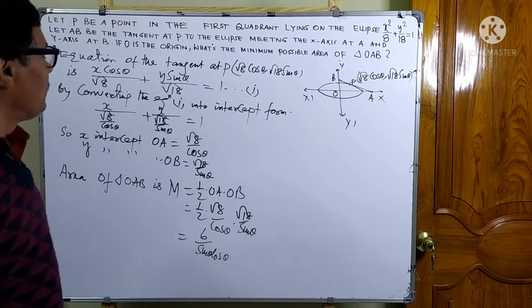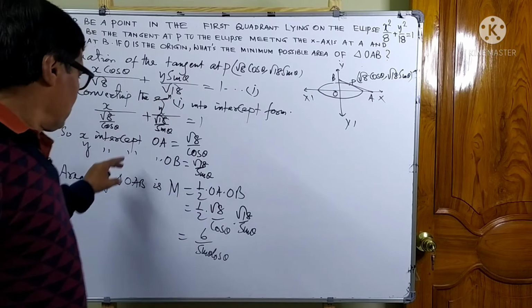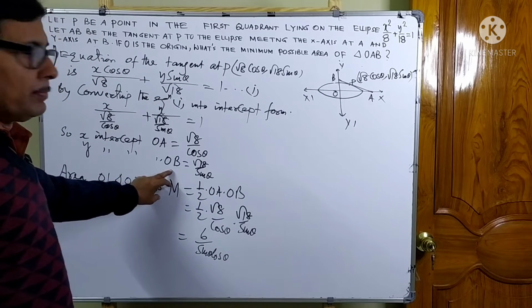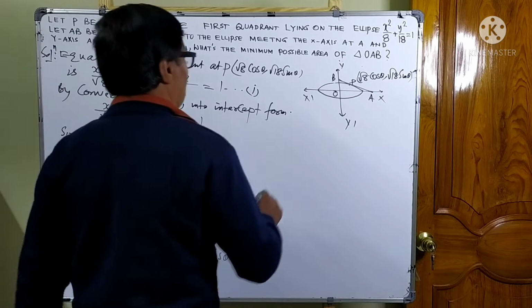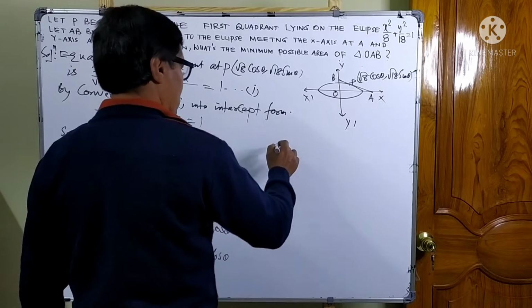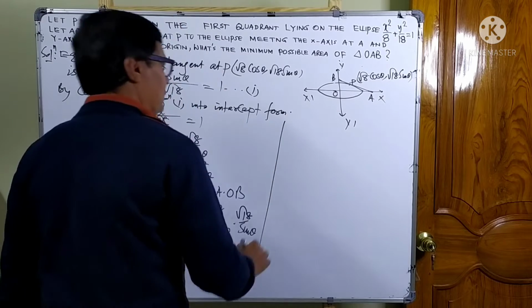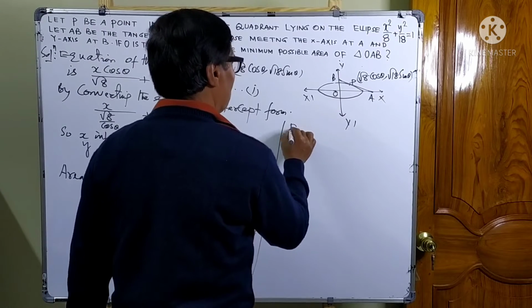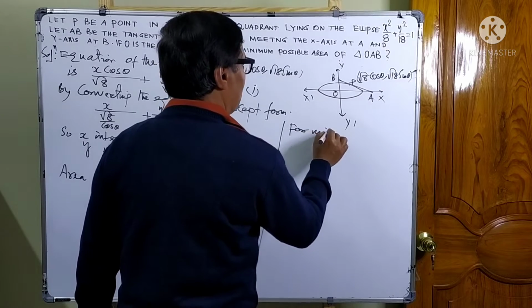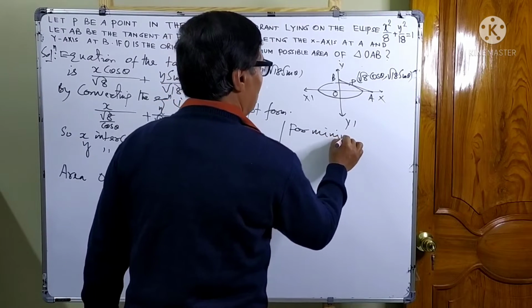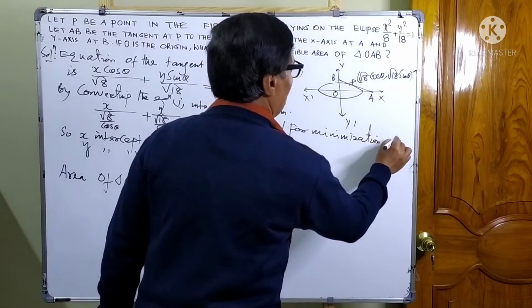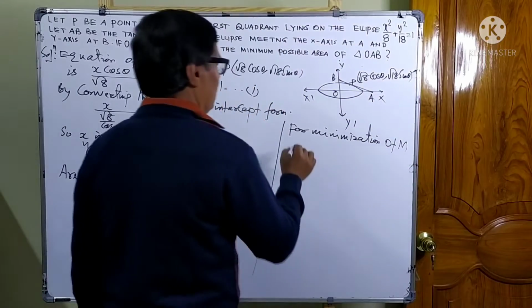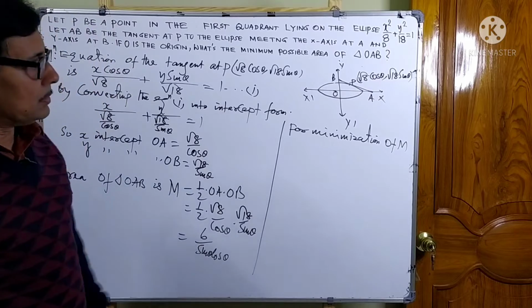Now we have to minimize the area M. We have to minimize the area of the triangle OAB, which is considered as M. For minimization of M, the first derivative must be 0.